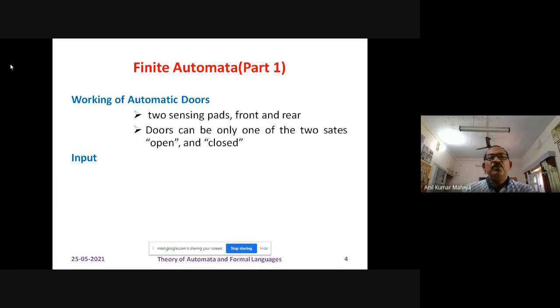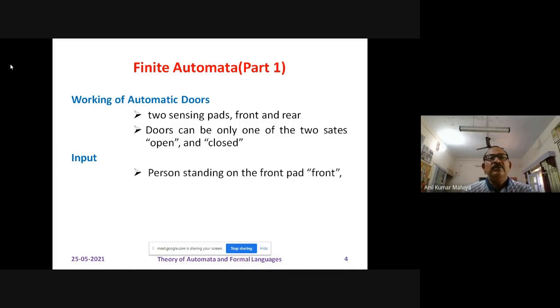It has two sensing pads, a front pad and a rear pad. And it has two states, open state and closed state. Here we have assumed that we are going to understand the working of an entry point automatic door machine.